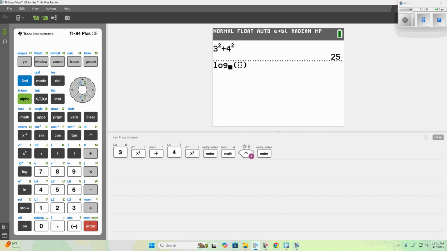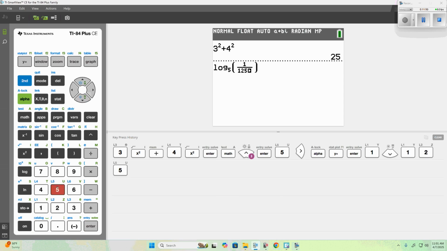Now the first one that we're looking at is log base 5 of 1/125. Alpha y equals, enter, 1 over 125 is -3.